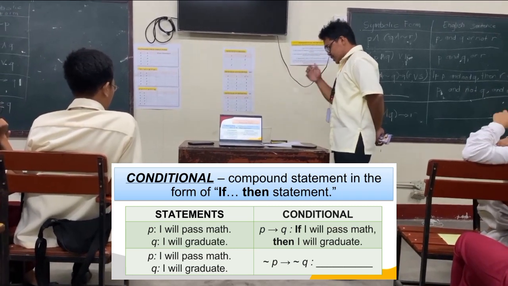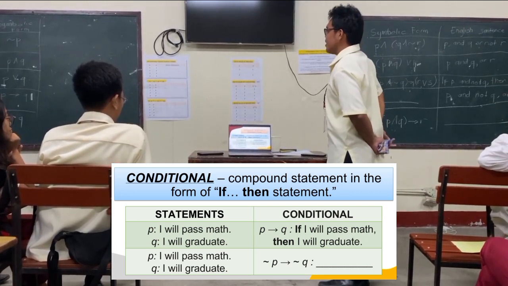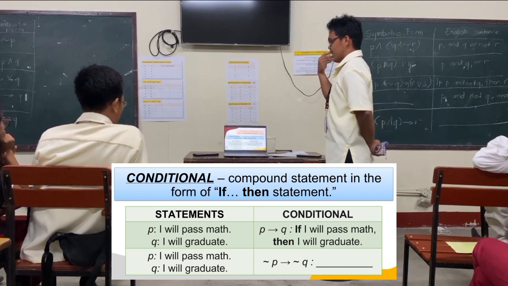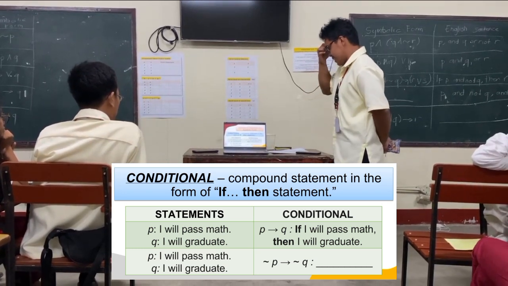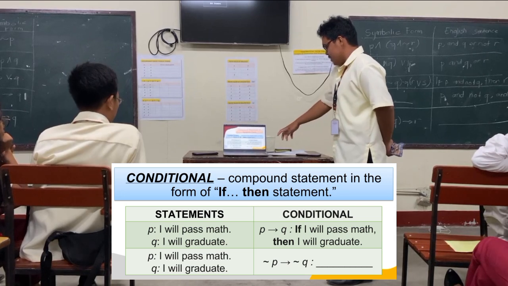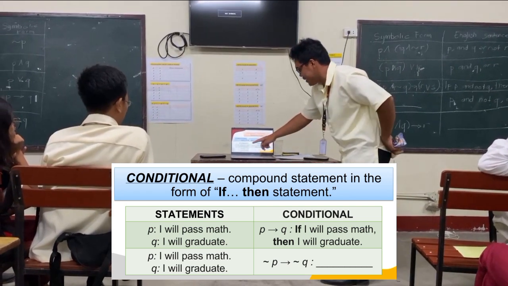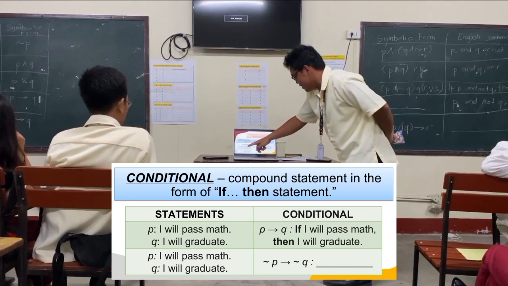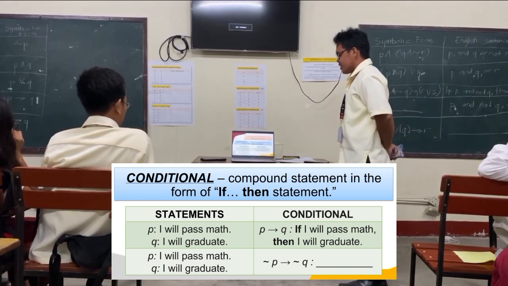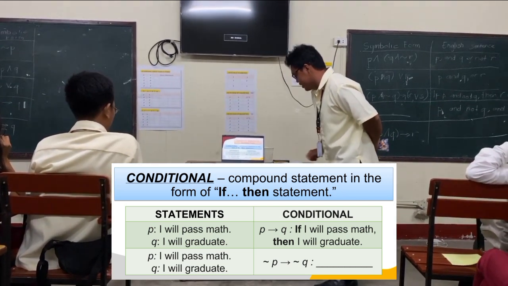In conditional statements, we use a one-headed arrow facing to the right. In the conditional statement, P is I will pass math and Q is I will graduate. When we make it a conditional statement, this is its form: if I will pass math, then I will graduate.